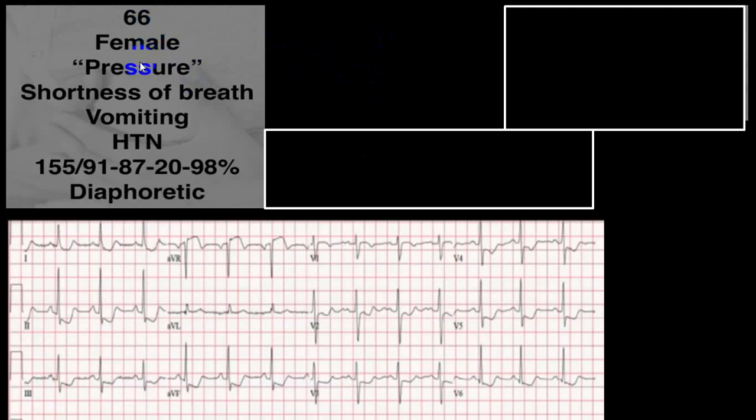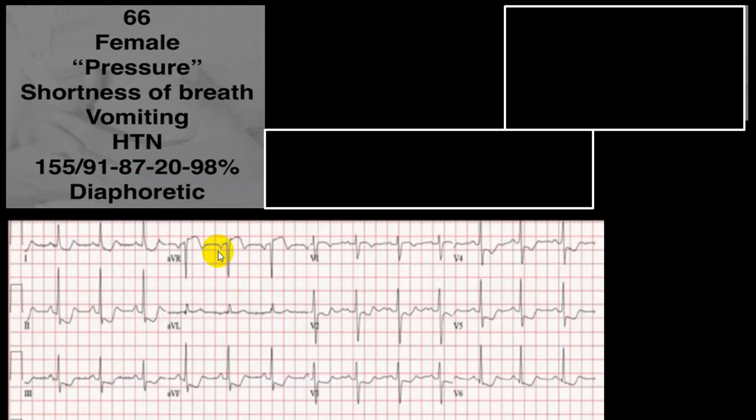A 66-year-old female with chest pain, pressure findings. The person says there is pressure on the chest, shortness of breath, vomiting, hypertension, blood pressure is 155 by 91, pulse is 87, respiratory rate is 20, SpO2 is 98%, and severely diaphoretic. As this history is available, we will always suspect MI.